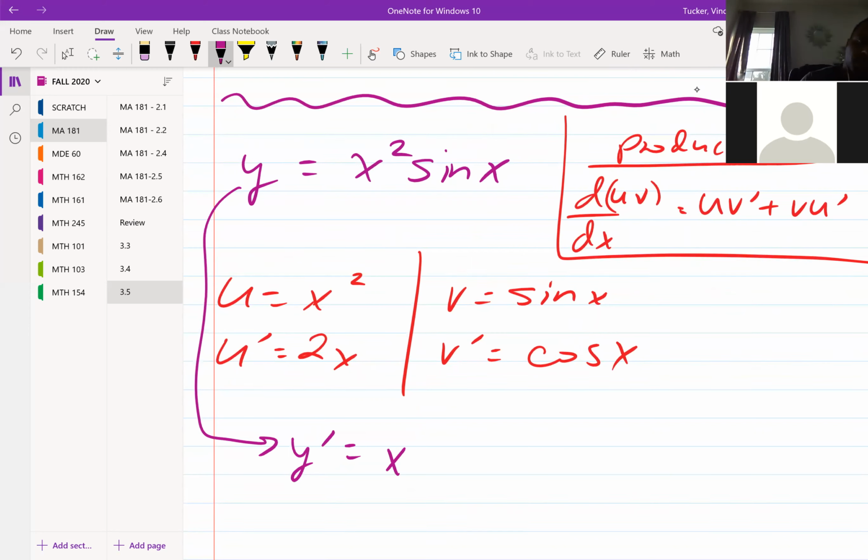So that'll be x squared times v prime, which is cosine x, plus v, which is sine x, times u prime, which is 2x.